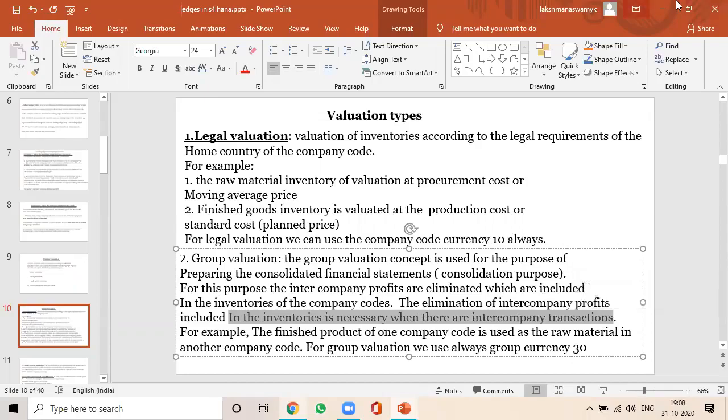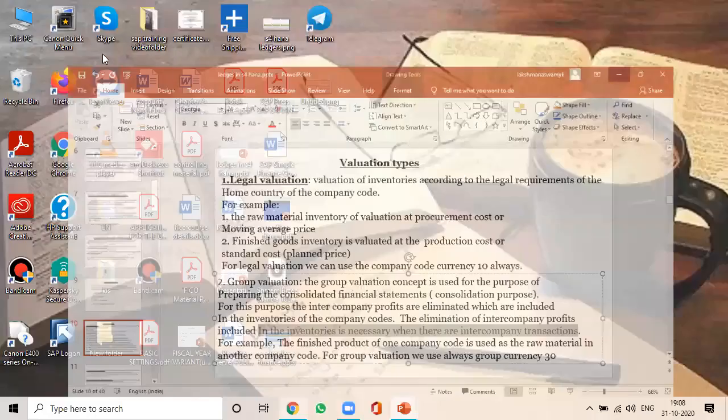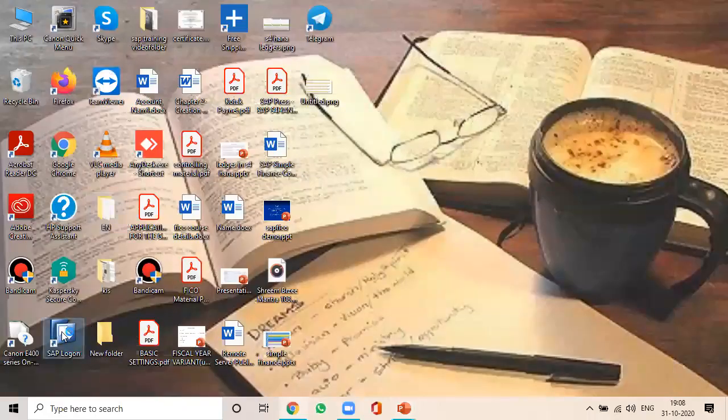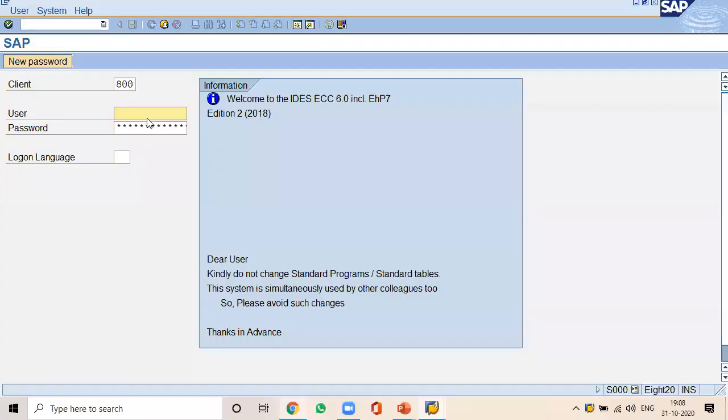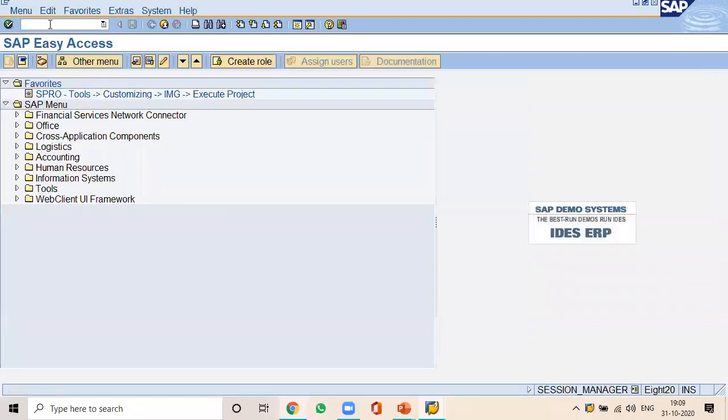Say, in OB22, I hope everybody remembers OB22.